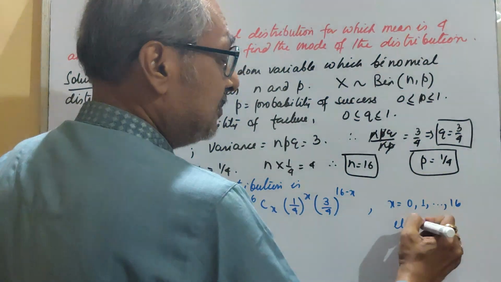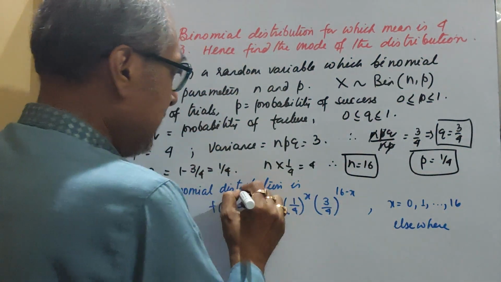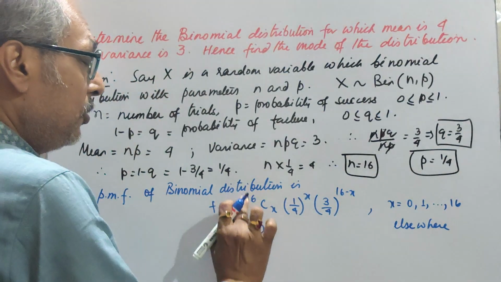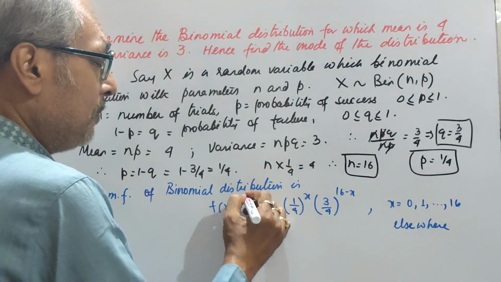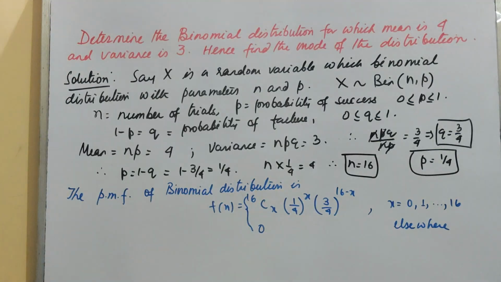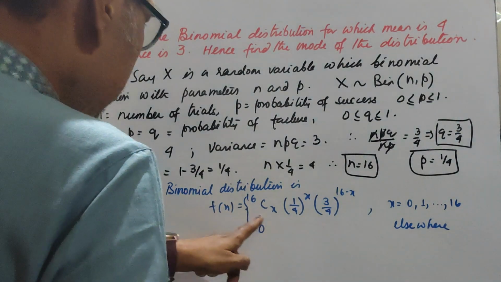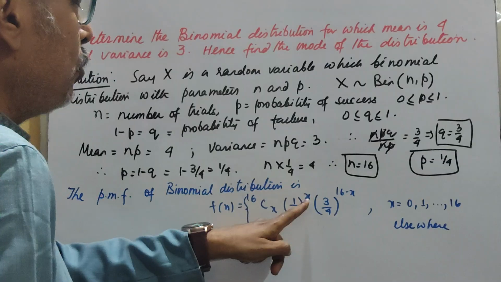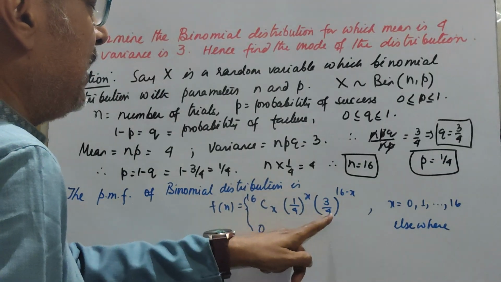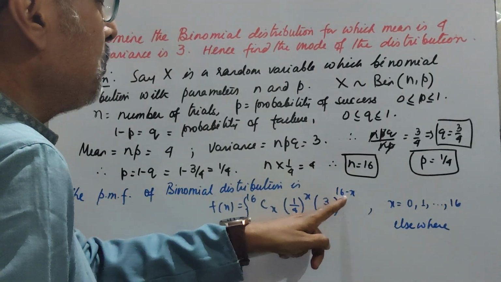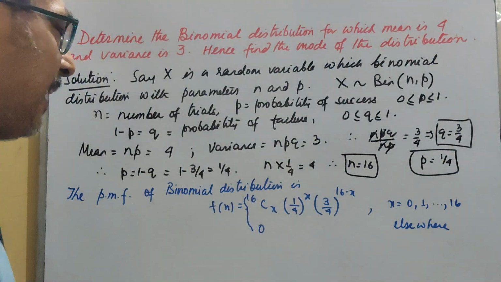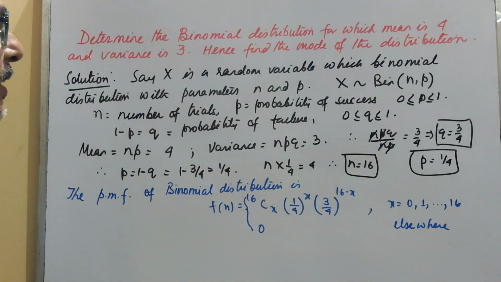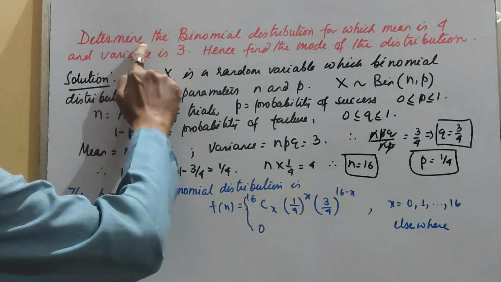This is the probability distribution of this binomial distribution. This is the answer of the first part.